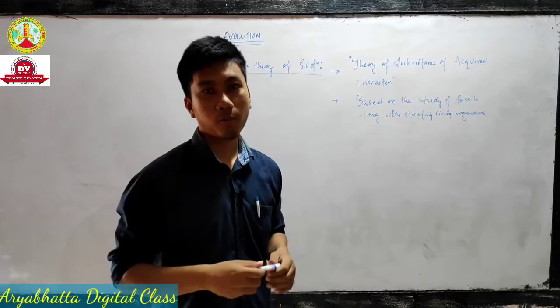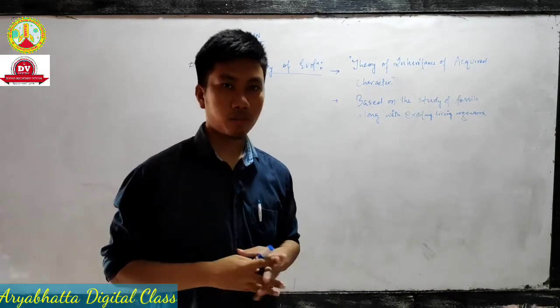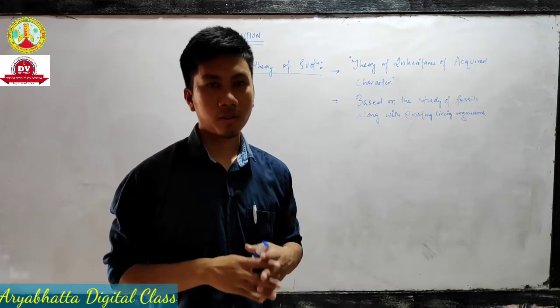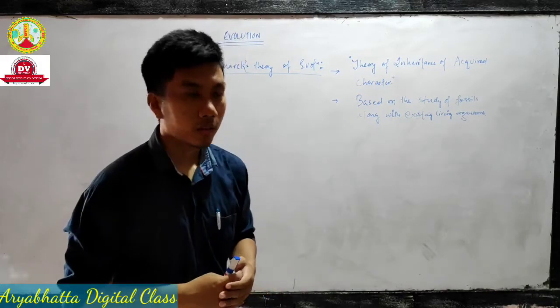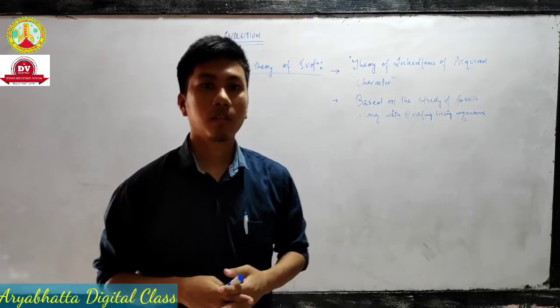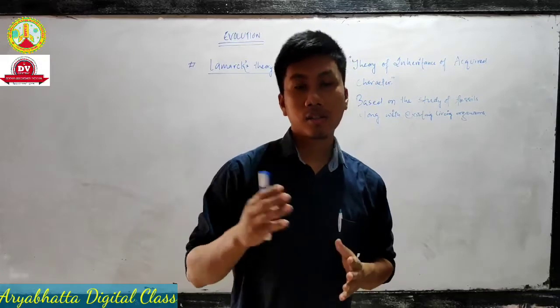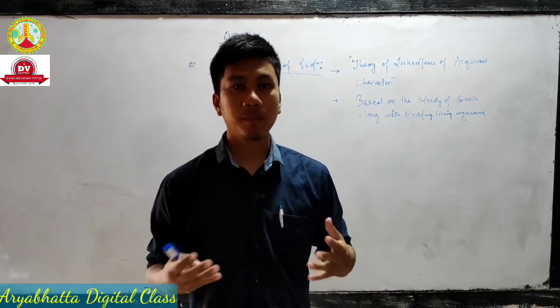We need to study the postulates given by Lamarck. There are 4 postulates given by Lamarck. So we need to see that. Basically, Lamarck's theory is based on the inheritance of acquired character. That means due to change in environmental condition, some organisms adapt themselves.